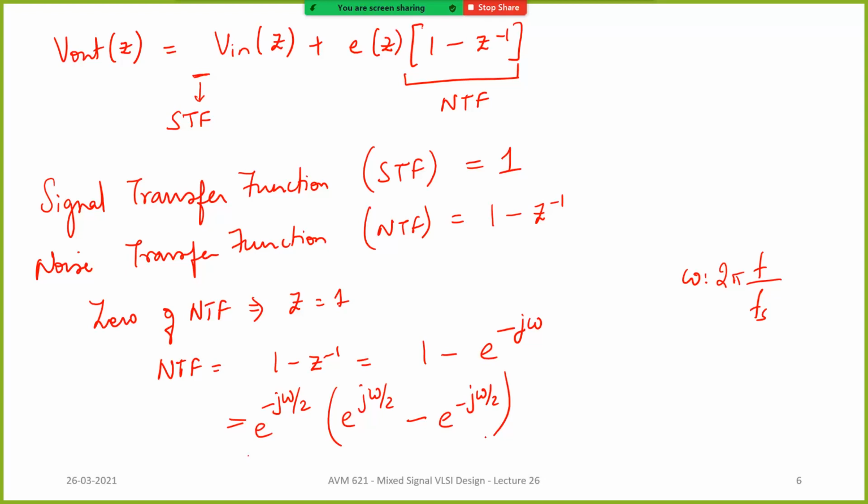Now, looking at what you have inside the brackets, what can you write it as? Correct, a sine term. You can write it as 2j e power minus j omega by 2 into sine omega by 2. Good. Now, let's say we want to calculate the modulus or the magnitude of the transfer function.